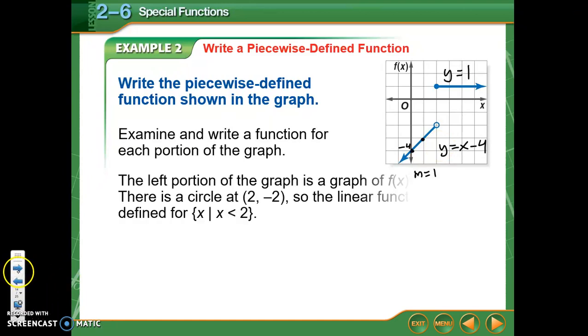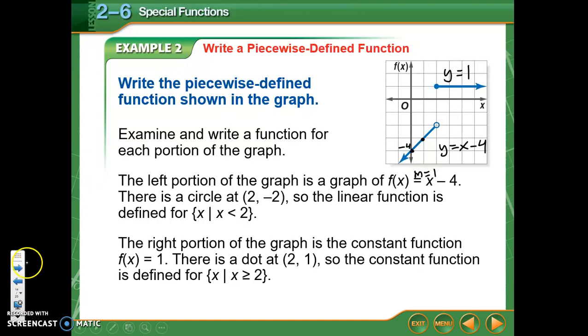Then the next thing we have to look at is the domain values that go with that. This linear function, y equals x minus 4, is only defined for x less than 2. It starts at 2, but notice the circle is open, so x is less than 2. I shouldn't draw lines under that or else it looks like equal to.